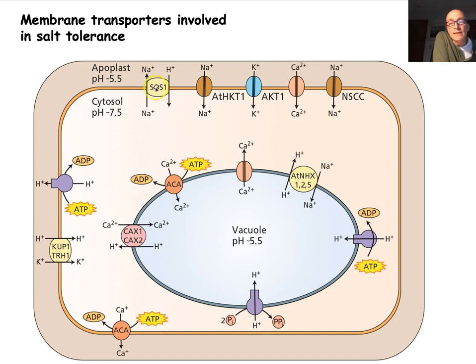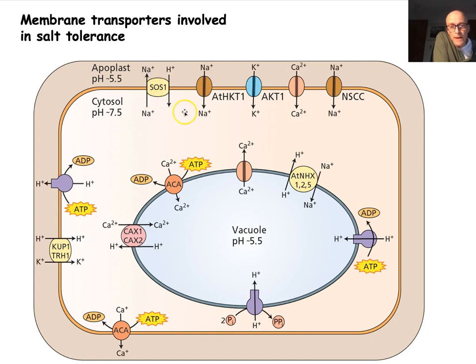That mutant was called a salt overly sensitive mutant, and so SOS, salt overly sensitive, was the name that was given to that plant that didn't have this particular protein. Anyway, let's come back to how hydrogen can be used as a currency to operate these pumps.